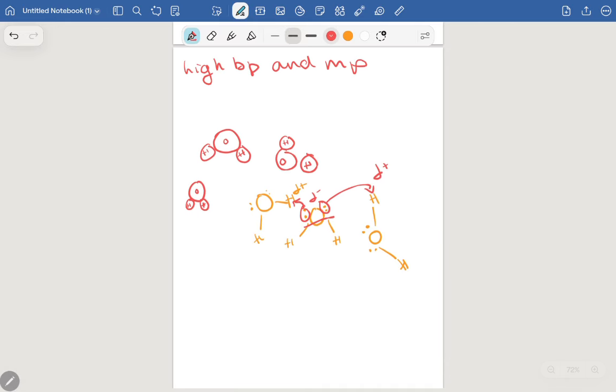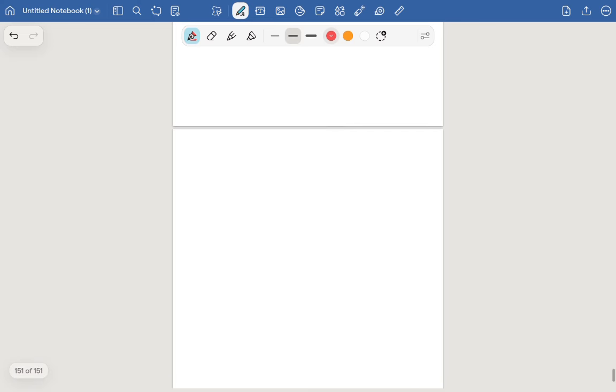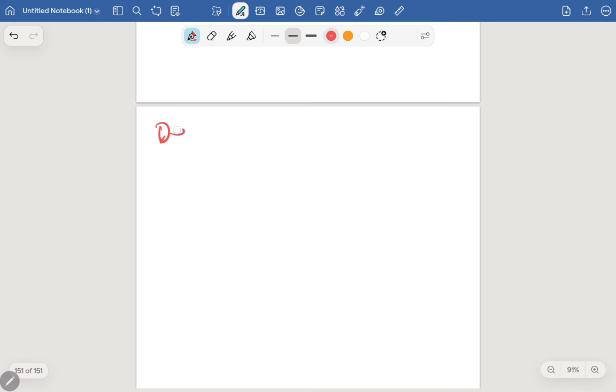Now, the second thing we are discussing is the density. Why is solid ice less dense than liquid water?